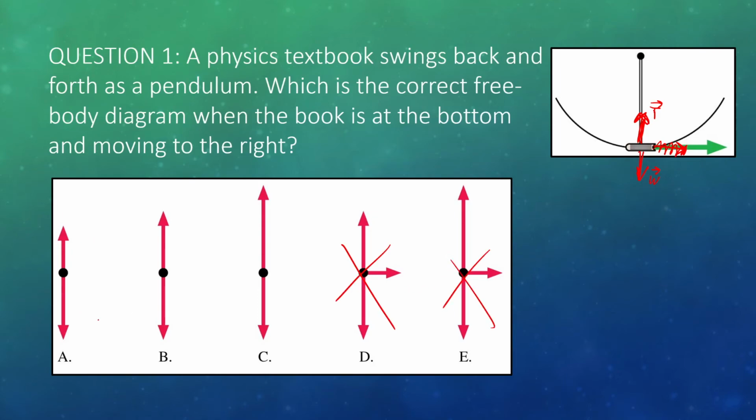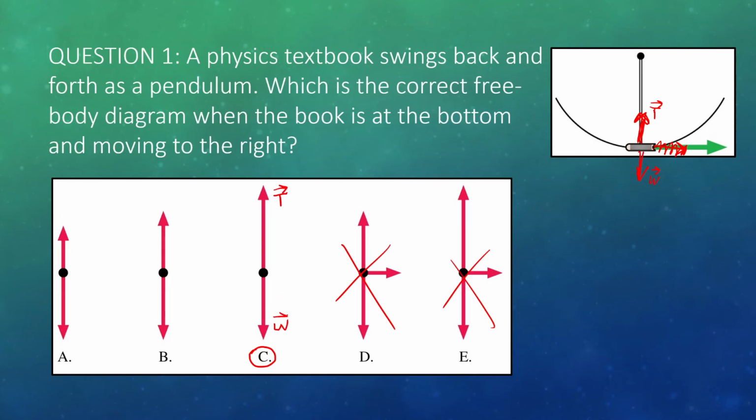We just have to now understand which of the two forces is larger. Is the weight bigger? Are they equal, like in B? Or is the tension bigger, like in C? Well, the answer is C. Your tension is the larger force.